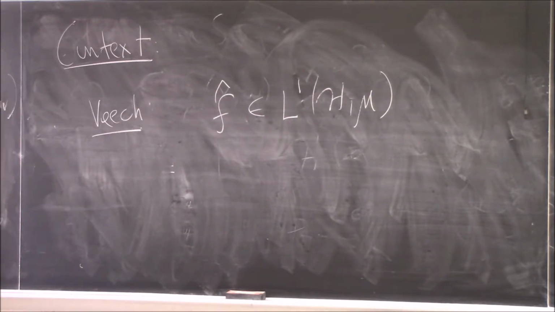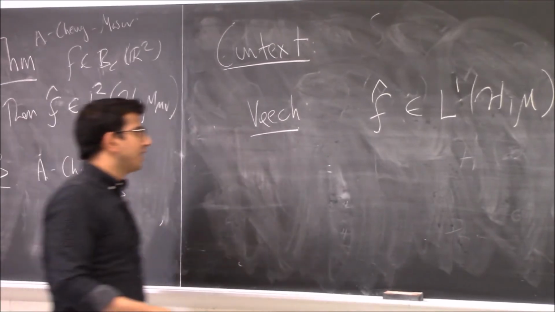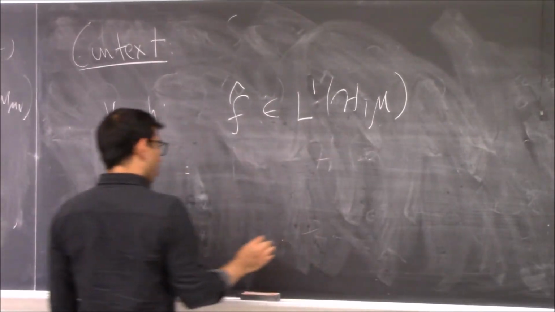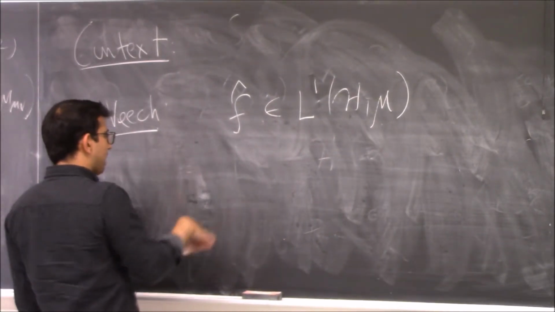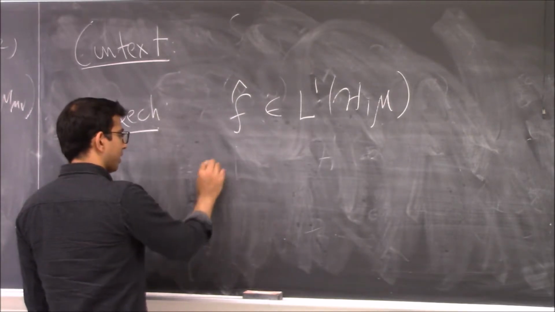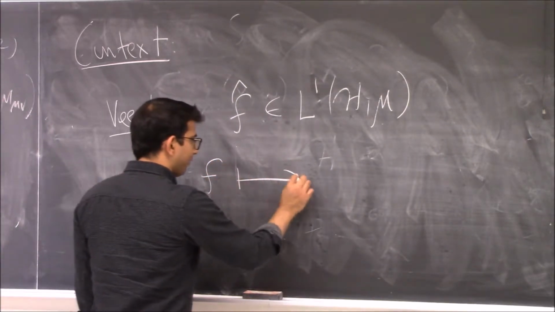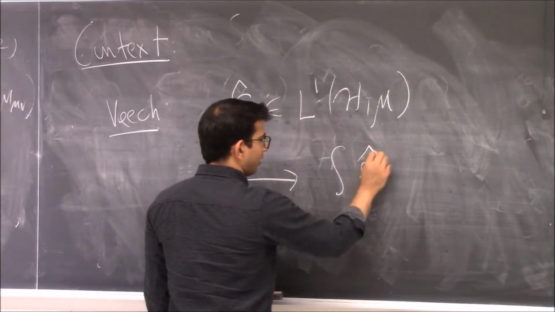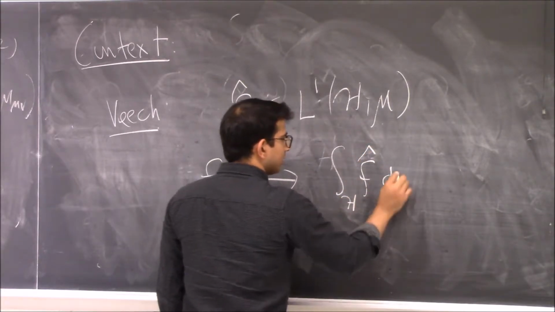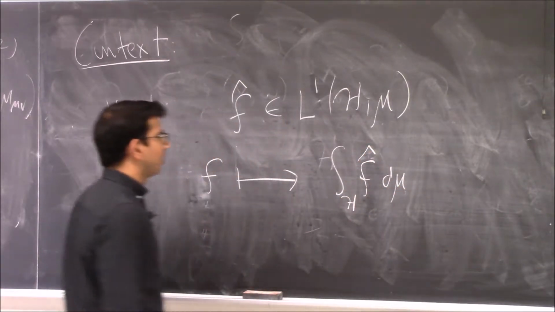You can think of this as saying it has a finite variance, right? And Veech not only showed that f hat is in L1, but as a consequence of that, you get the following. Suppose you look at f goes to the integral of f hat d mu. I'm just going to write mu from now on.